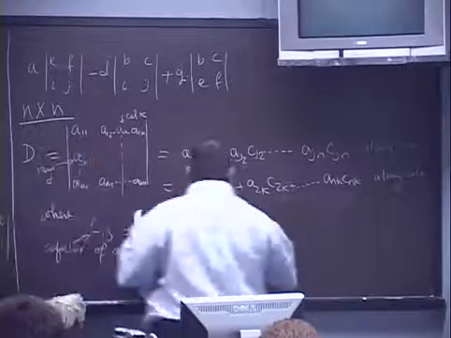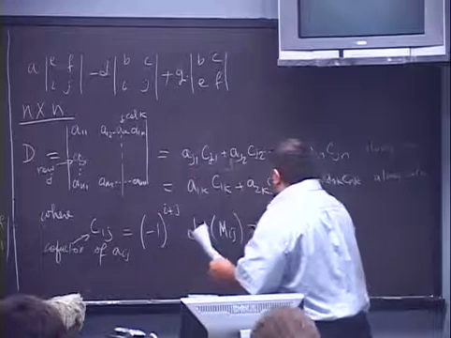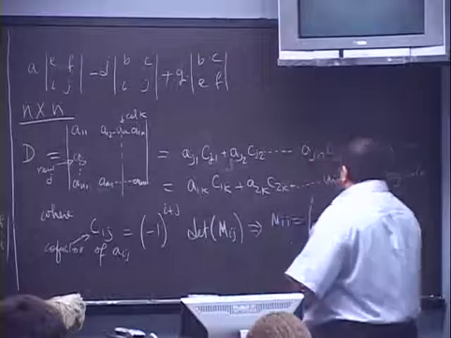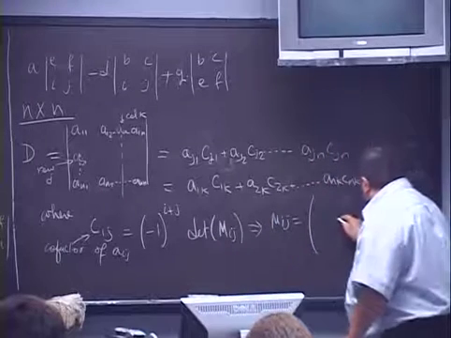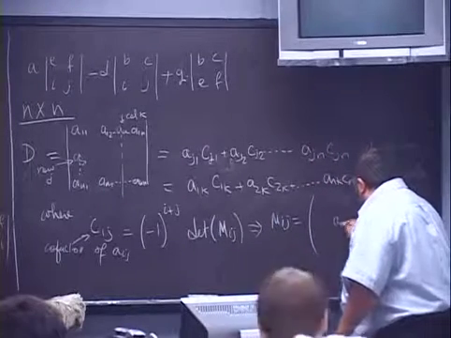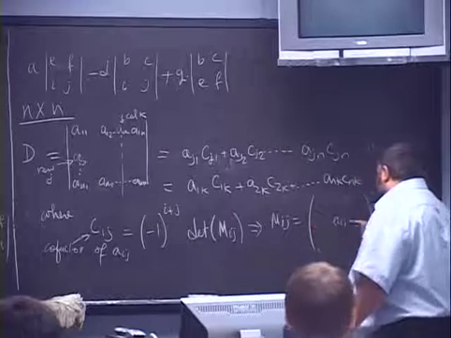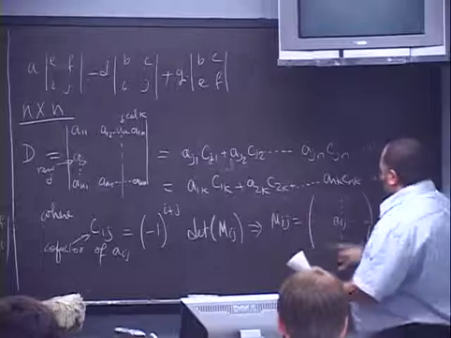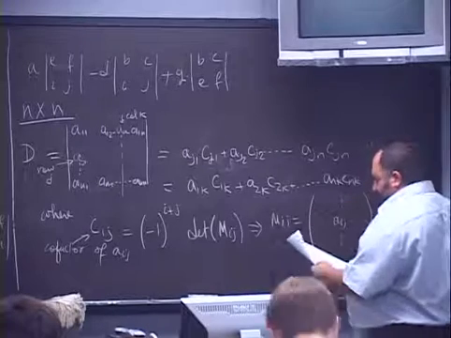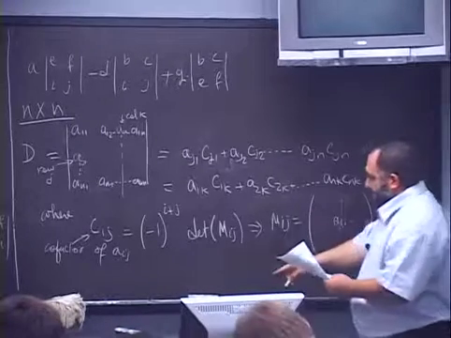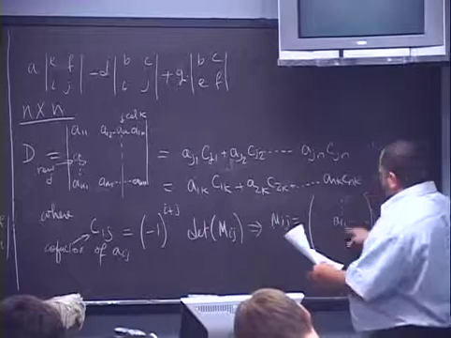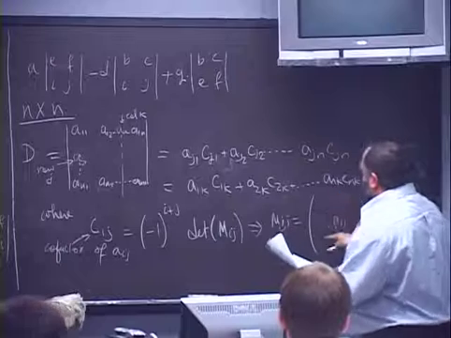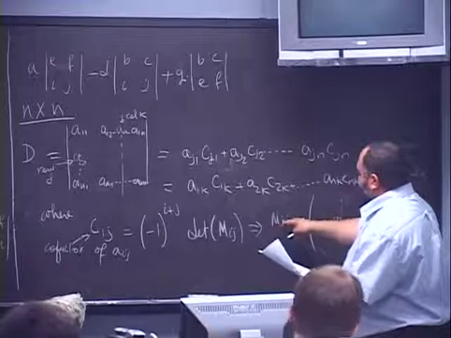And Mij is nothing more than, if you have the matrix here and you have an Aij, so this is row i and column j. The minor in this case is defined as the minor of Aij.